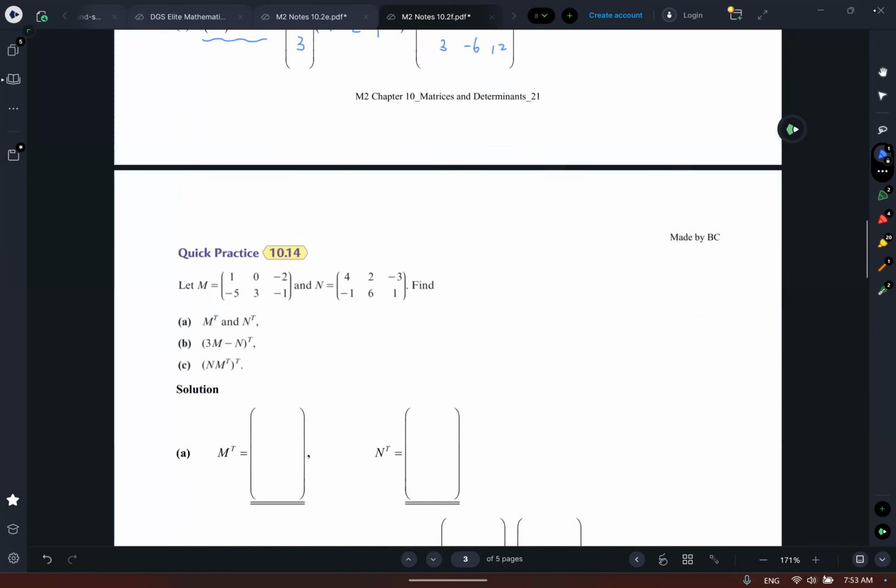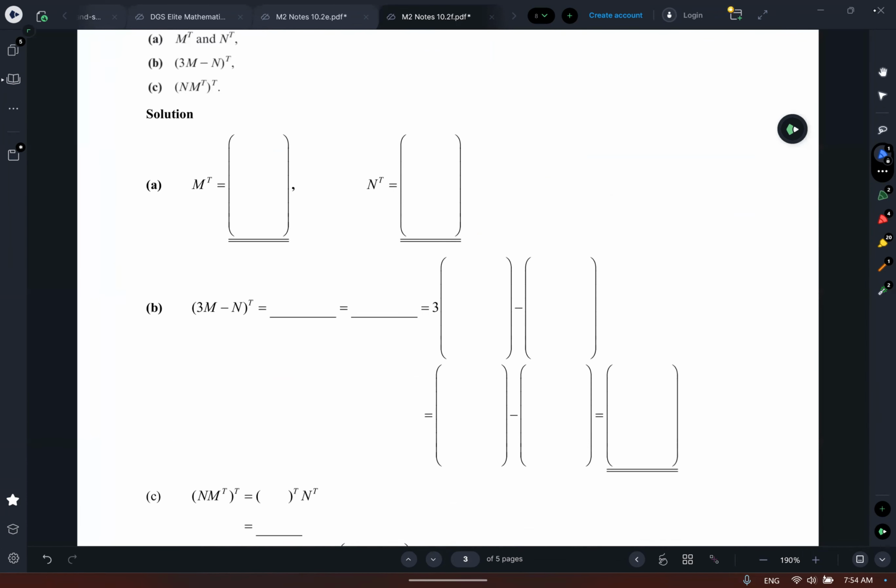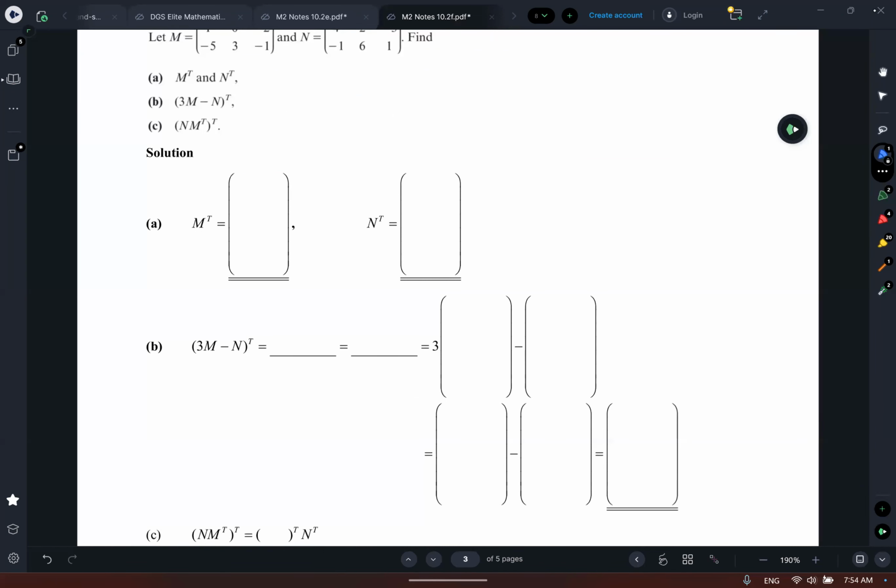Now, for this exercise, of course, you can do this transpose. Now, the real something that we call algebra happens here. So that is 3M transpose minus N transpose. It becomes 3M^T minus N^T. This is what we call algebra. Algebra means that you can use letters to calculate.